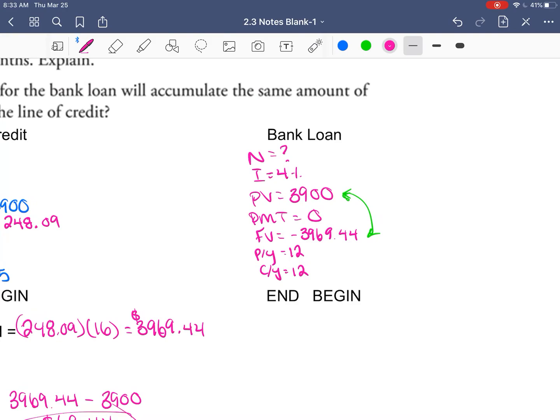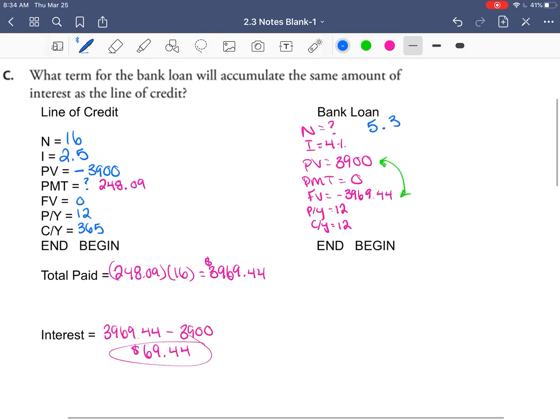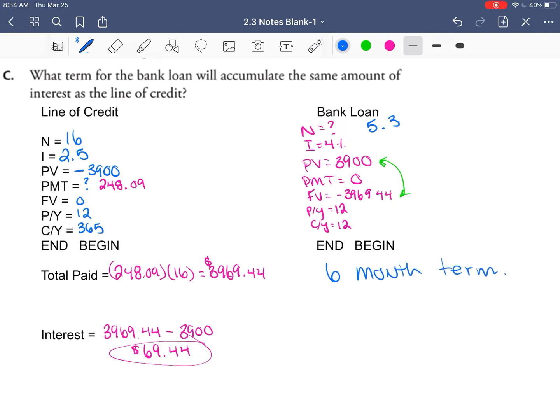Future value is negative $3,969.44. Payments per year is 12. Compounds per year is 12. So go up to our N and alpha solve, we get 5.3. So that means if it's looking for what term for the bank loan will accumulate the same amount of interest, well, that is a 6-month term.